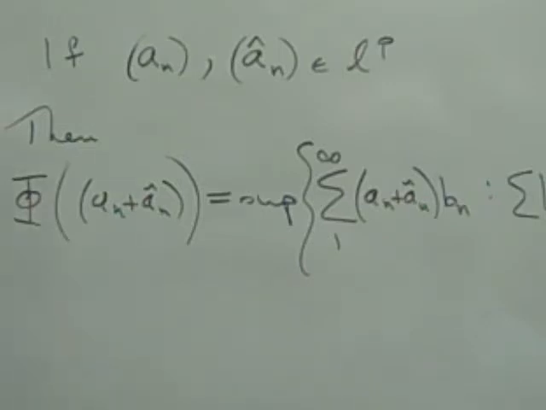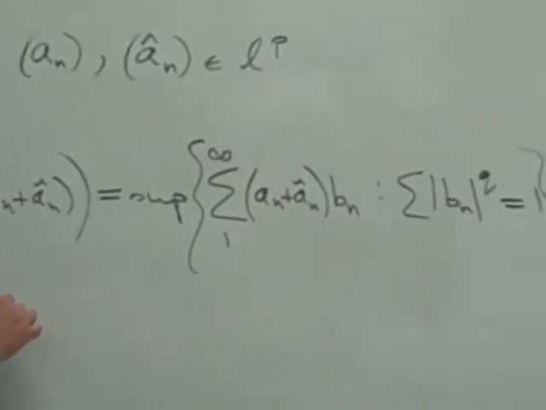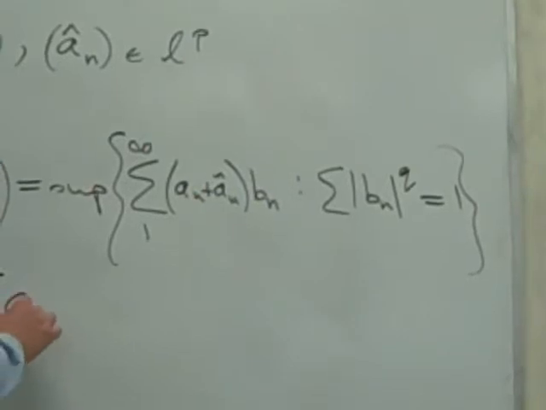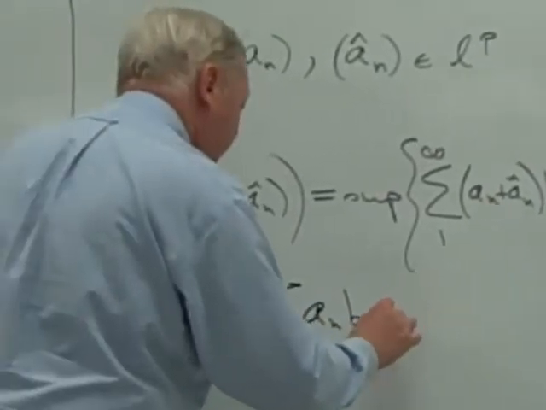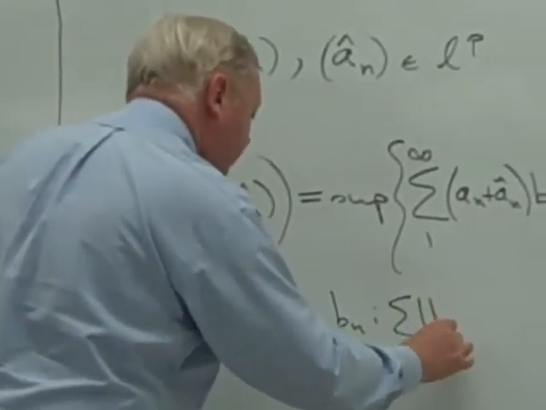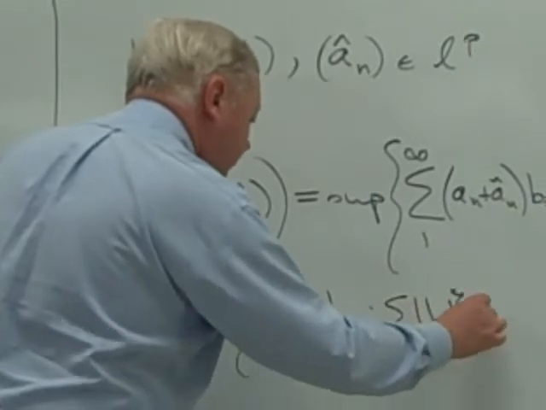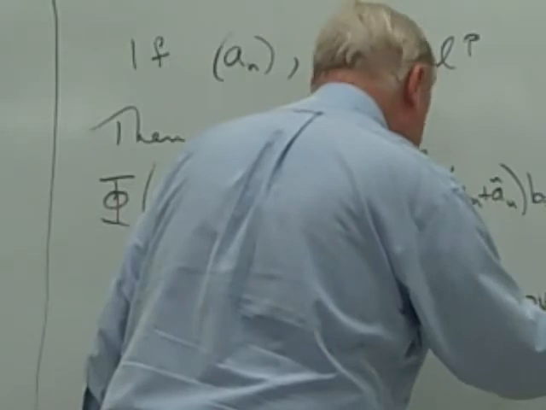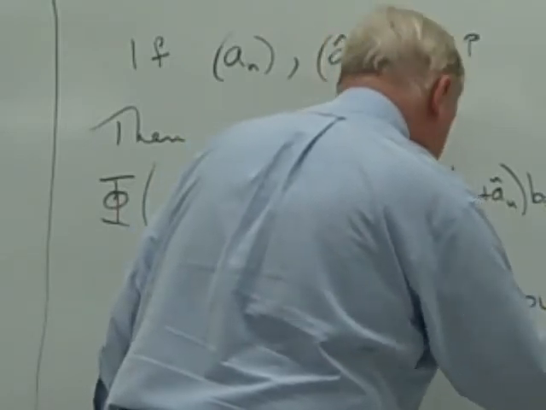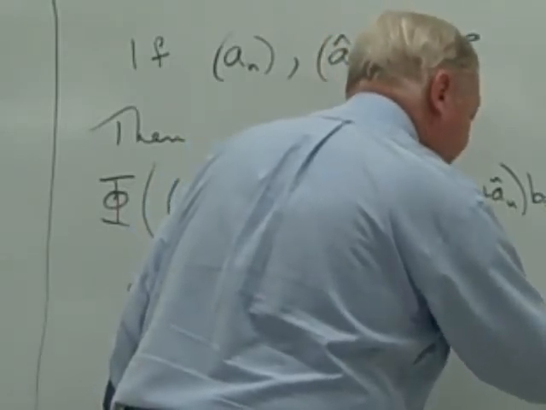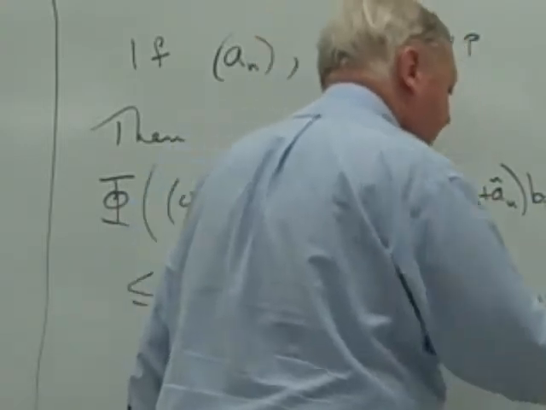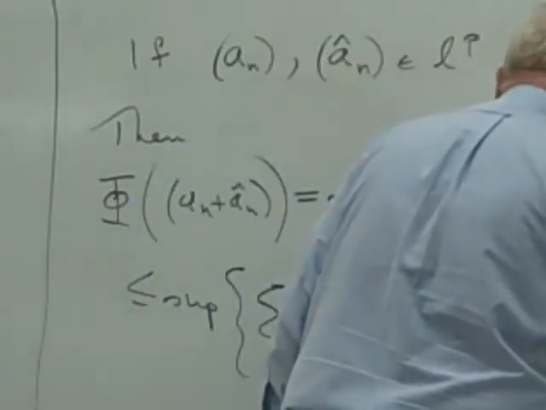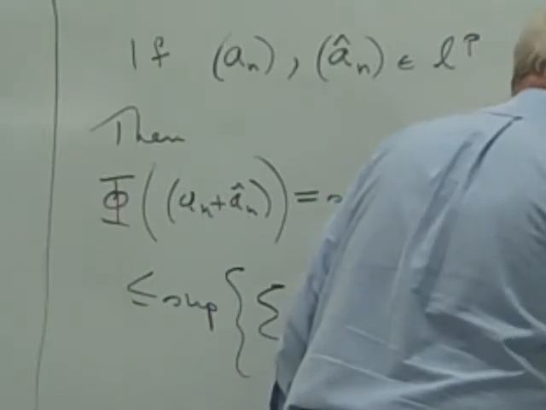So this is less than or equal to the sup of the sum of a_n b_n plus the sup of the sum of a_n hat b_n, subject to the sum of the absolute value of b_n to the q equals 1.